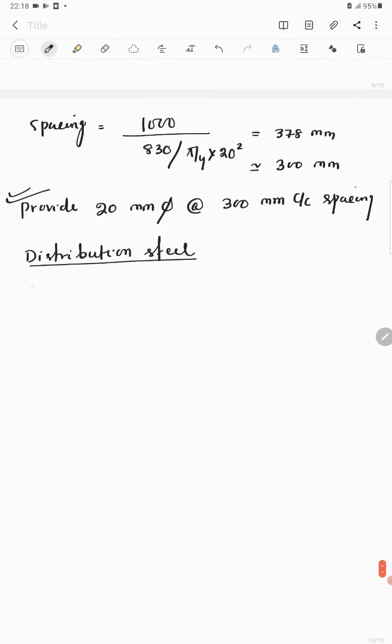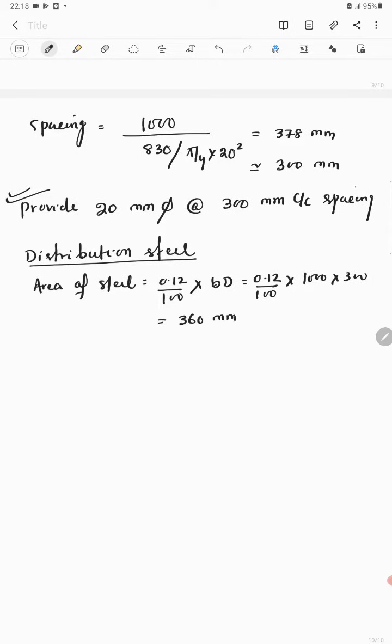The minimum area of steel we will provide is 0.12% of the cross-sectional area, that is P into D, 1000 into 300, which is equal to 360 mm square.